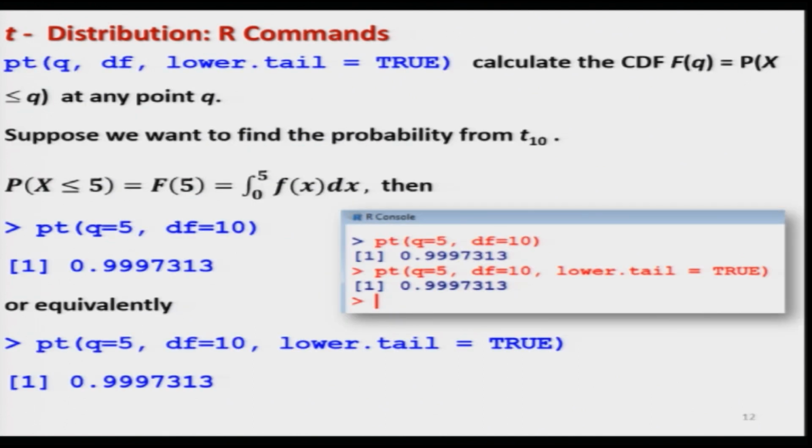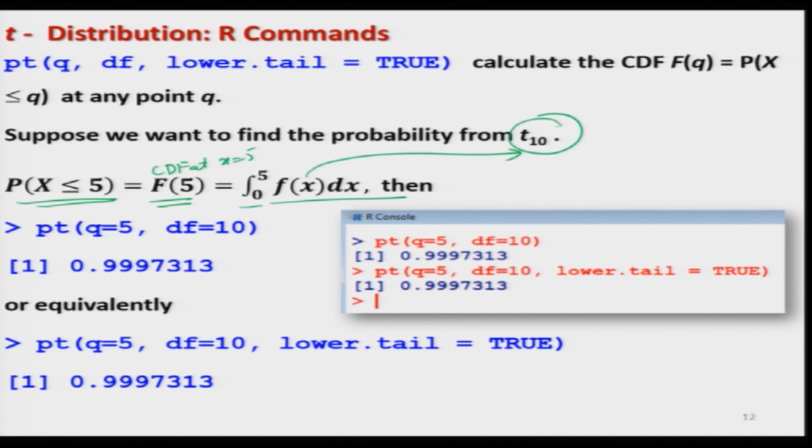Now, let me take some examples and compute different types of probabilities from the t distribution. Suppose we want to compute the probability that X is less than or equal to 5, where X follows a t distribution with 10 degrees of freedom. You know that this is simply the value of the CDF at x equal to 5, the integral of f(x) dx up to 5, where f is the t density.